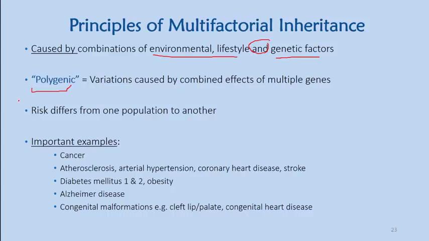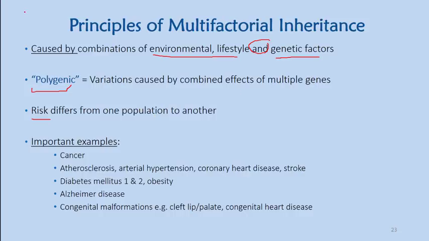Risk is also going to vary from one population to another. So just as an example, Canada versus Japan. There could be cultural, ethnic, environmental factors that differ amongst populations that can predispose somebody to this type of disease.